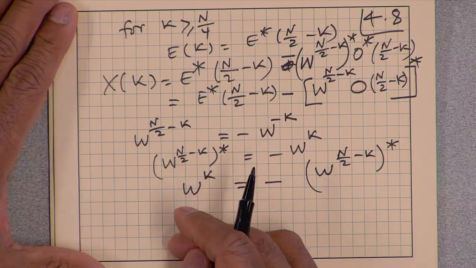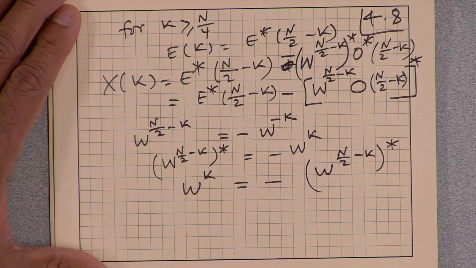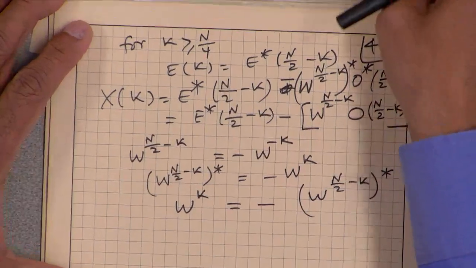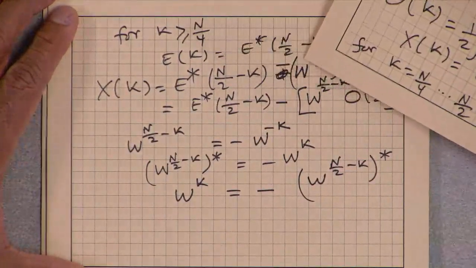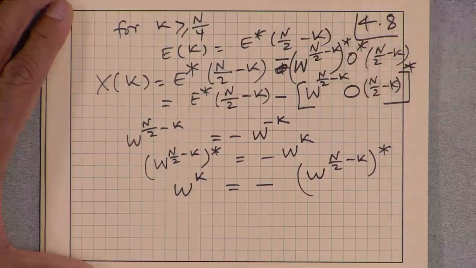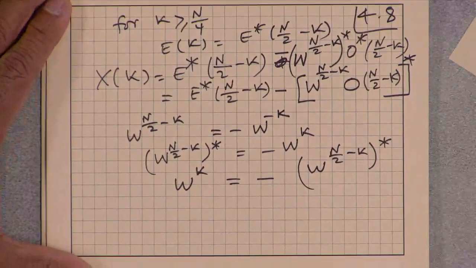So that's how we obtain Xk from 0 to n by 4 minus 1, and then n by 4 to n by 2 minus 1.